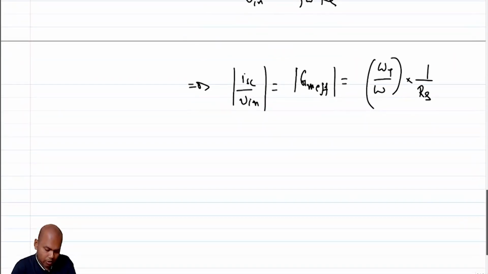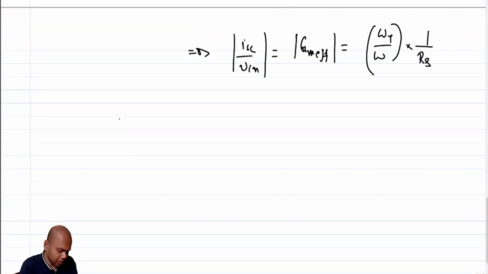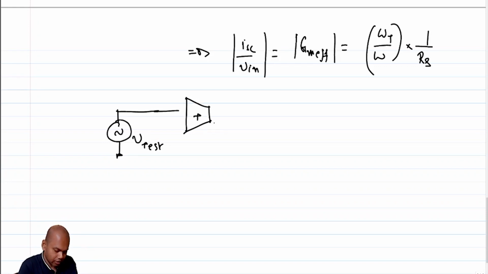So as far as this network is concerned, what is it telling us? This is effectively telling us that if I apply a V test here and I have a transconductor, this is a negative sign, if I have a transconductor GM effective, so this GM effective equal to omega t by omega by 1 over RS, right?